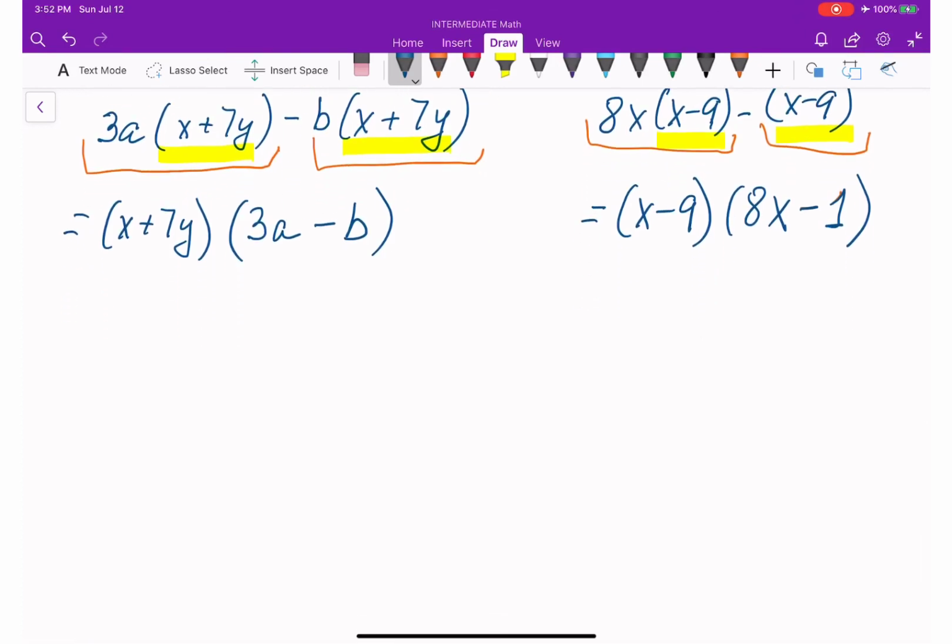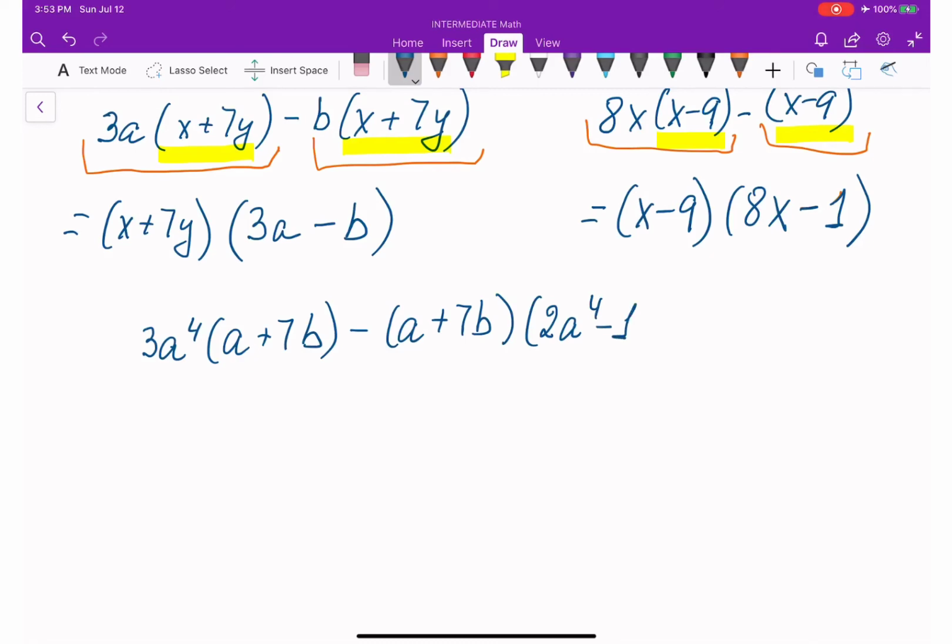One more. 3a to the power 4, (a plus 7b) minus (a plus 7b) times (2a to the power 4 minus 1).